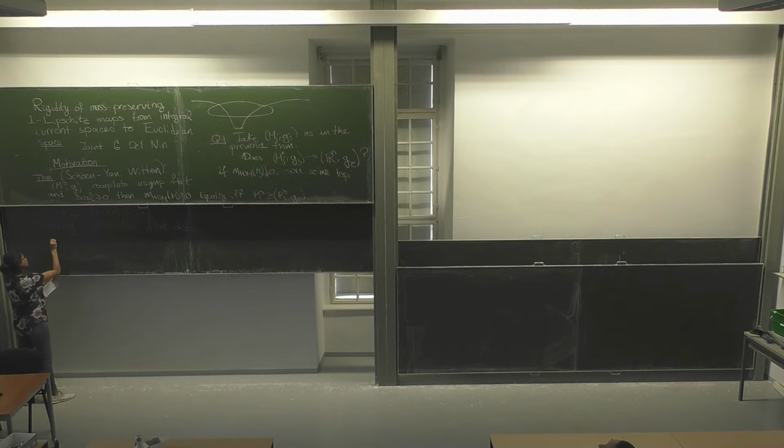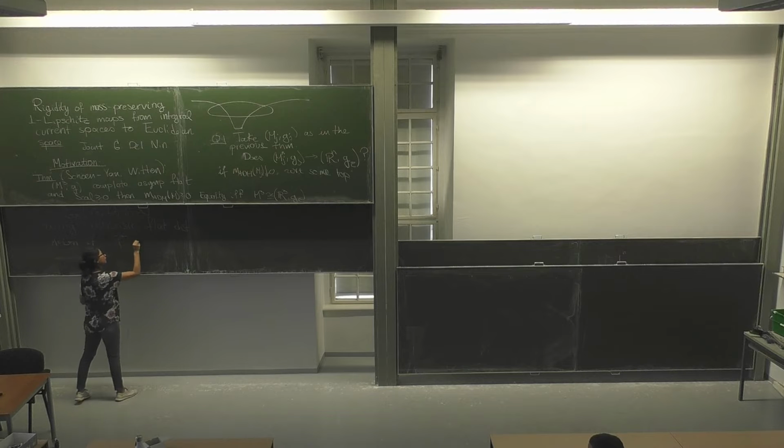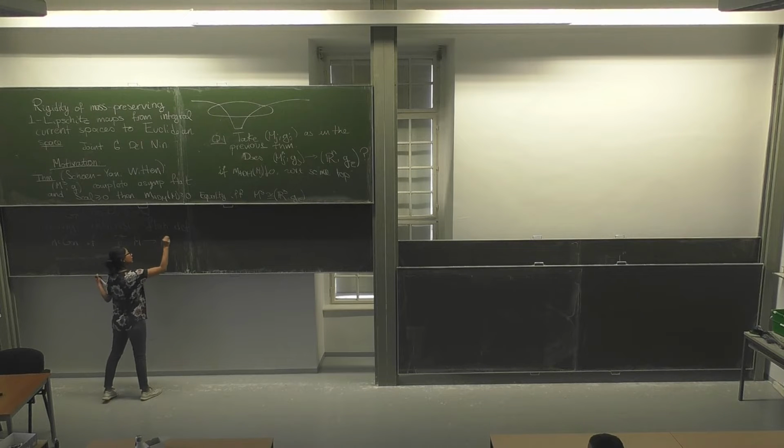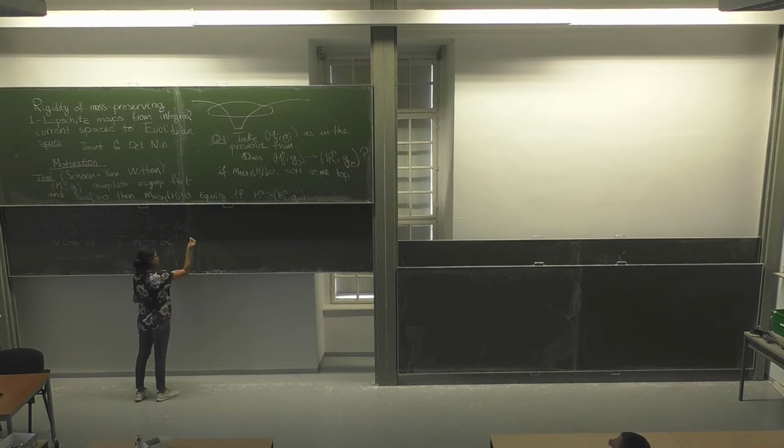So M is in this class, and I'm not going to write now the parameters, if there exists an isometric embedding into Euclidean space of dimension one more than the manifold. So this is a Riemannian isometric embedding.